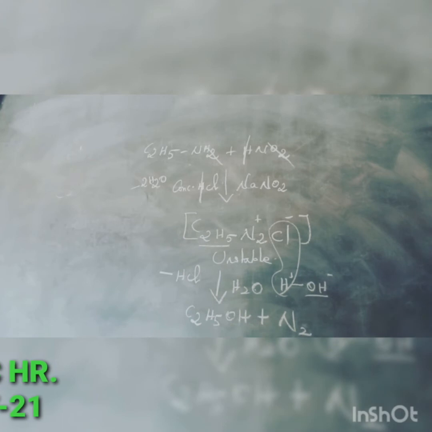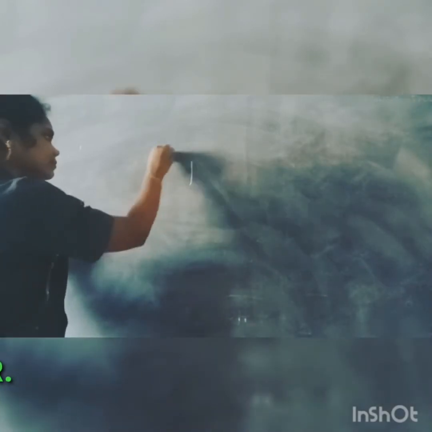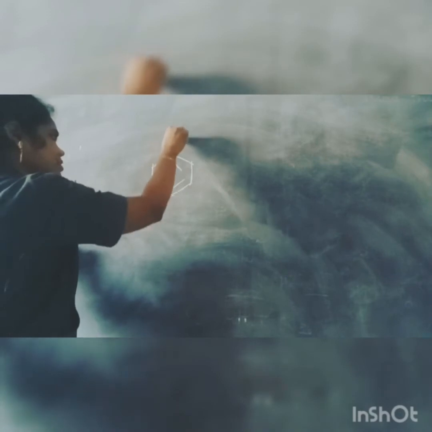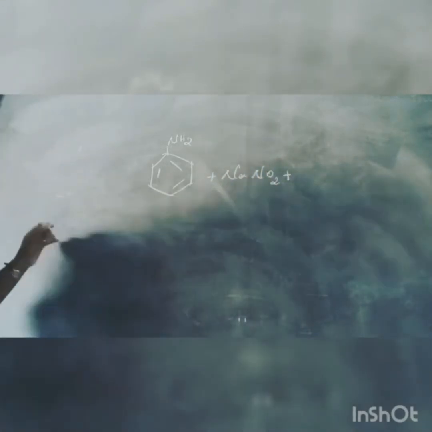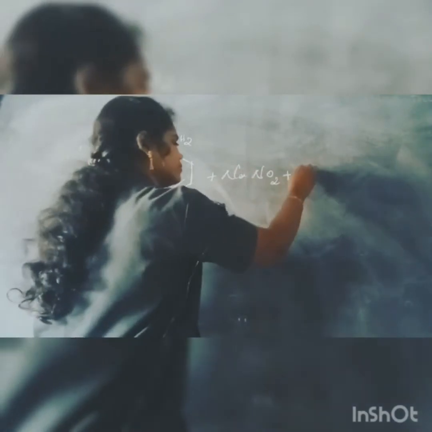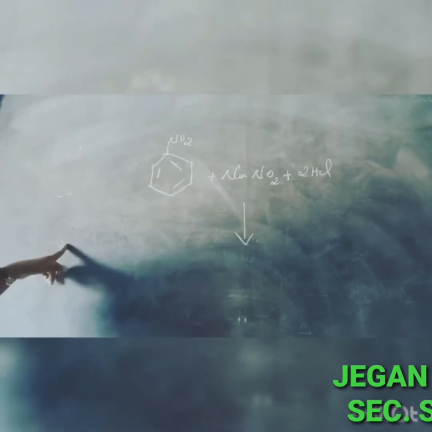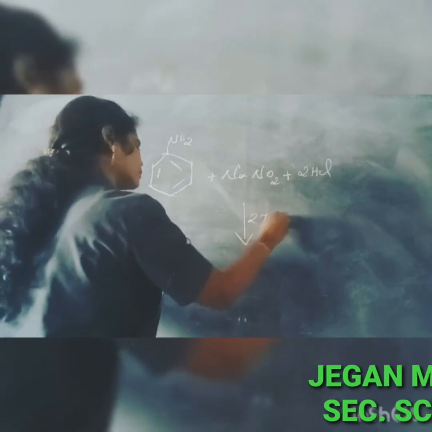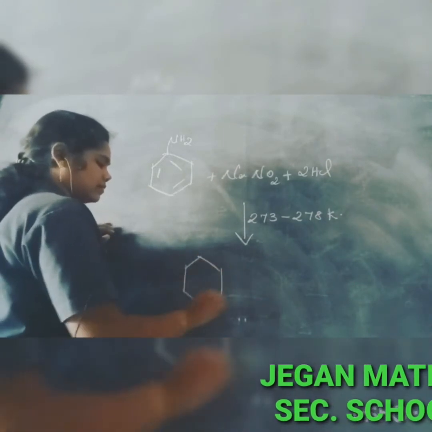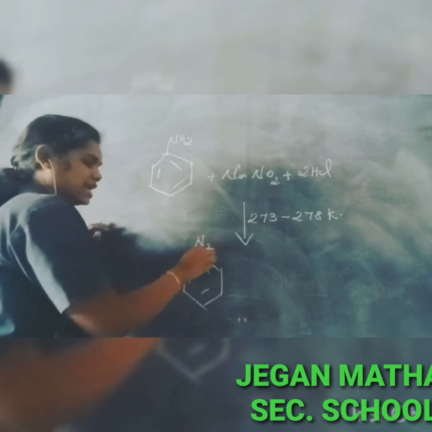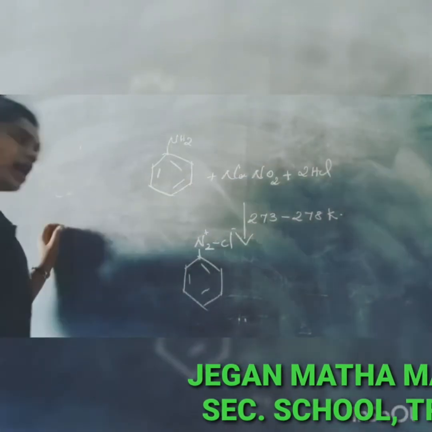Okay, let us see the equation. Aniline, a benzene structure with NH2, is reacted with sodium nitrite plus 2 hydrochloric acid, at a temperature of 273 to 278 Kelvin, giving benzene diazonium chloride, N2+ Cl-.